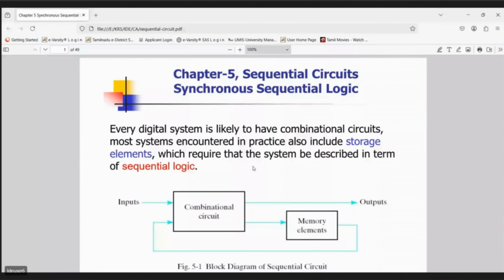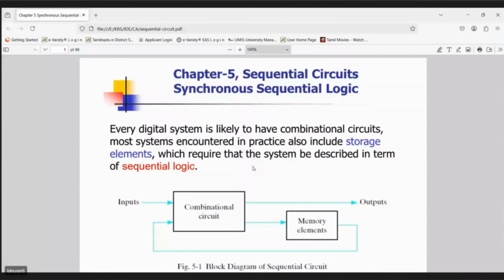For the next topic, sequential logic. Sequential circuits. Every digital system is likely to have a combination of circuits. Most systems encountered in practice also include storage elements, which require that the system be described in terms of sequential logic.